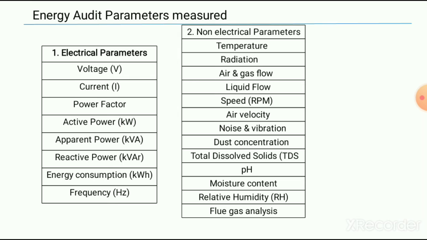In non-electric parameters: the temperature, radiation, air and gas flow, liquid flow, speed, air velocity, noise and vibration, dust concentration, total dissolved solids, pH, moisture content, relative humidity, fuel gas analysis. All these come in non-electric parameters.